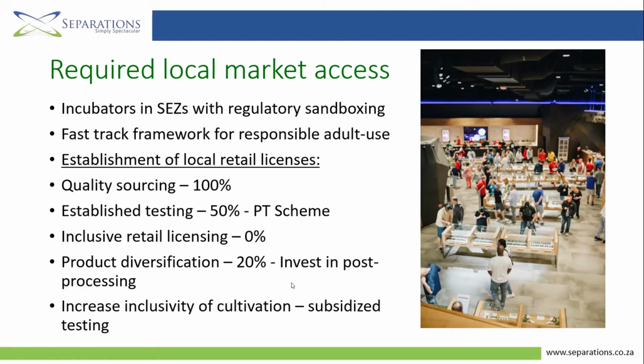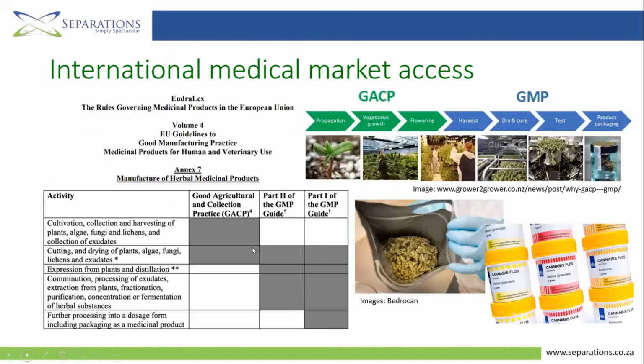Next slide, we'll talk quickly about international, because I do think the discussion on international is a bit saturated. But I'd just like to highlight the route to the international supply chain is pretty clear. The EudraLex Volume 4 has defined it in detail, specifically Annex 7 on the manufacture of herbal medicinal products. At what point in the process do we apply good agricultural and collection practices to botanicals?